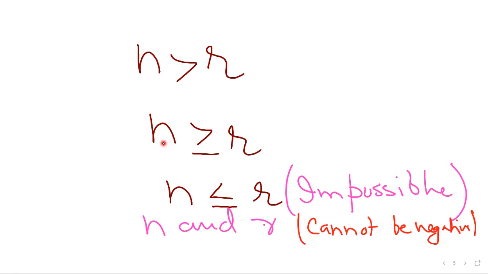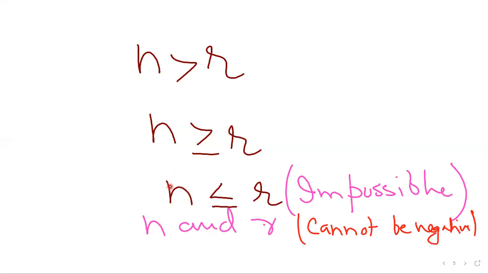For example, if I enter the room and I need to select 11 players for the cricket team and only 11 students are present in the class, it means that n and r are the same. When I entered the class, only 11 students were there and I need to select all 11 of them. It means that n and r can be equal. Yes, absolutely, it can be equal.